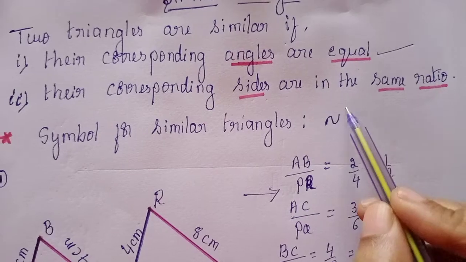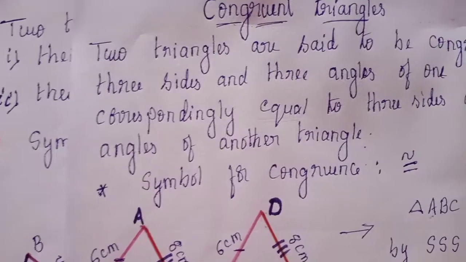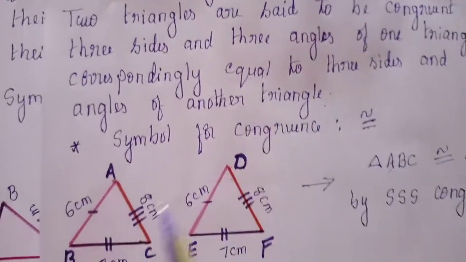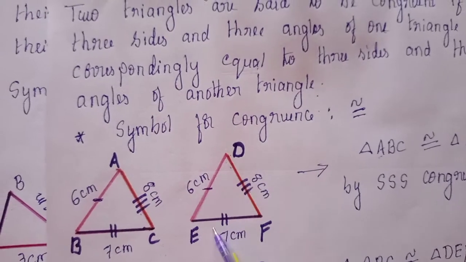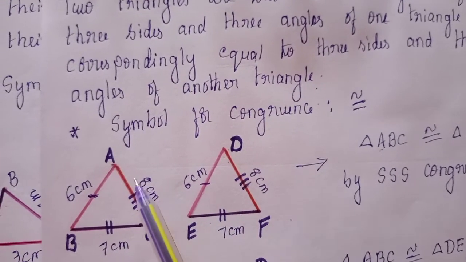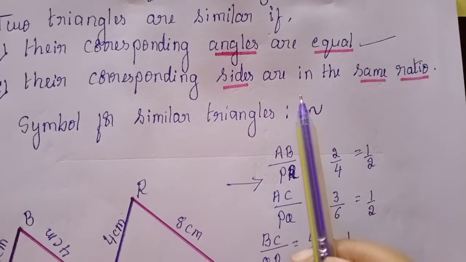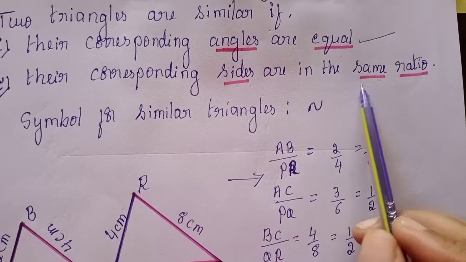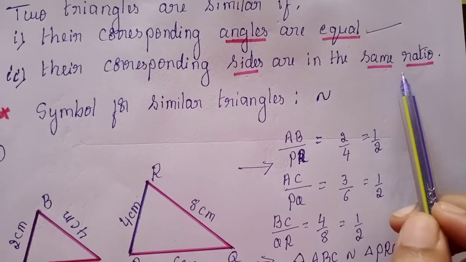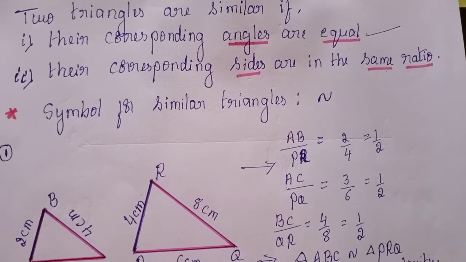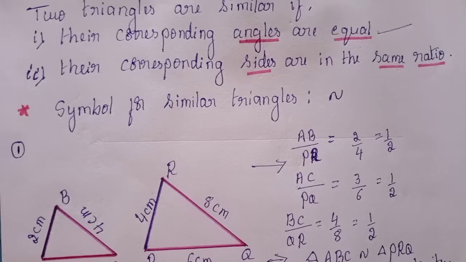But what about sides? In congruent triangles, the sides are equal: you can see here AB equals DE, BC equals EF and AC equals DF. But here the sides are not equal, but the sides are in the same ratio. What is the meaning of ratio? When you divide any two quantities of the same kind, the division is called ratio.